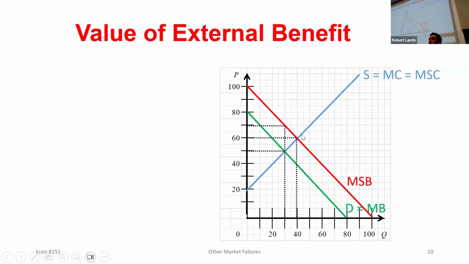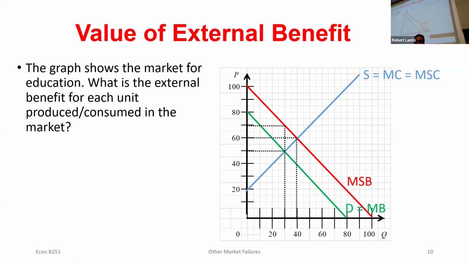We would like these additional 10 units to be produced and consumed in the market. Because for each one of these units, the additional benefits to society are greater than the additional costs. So if we stop the market at 30, we're missing out on all of this positive surplus, because the marginal benefits for these units are greater than the marginal cost of society.